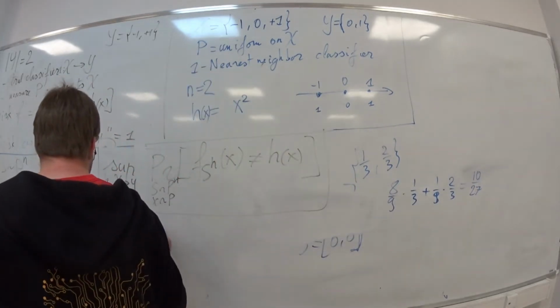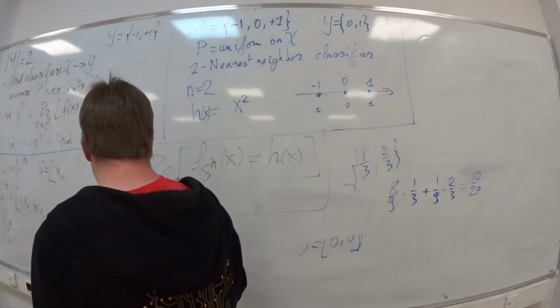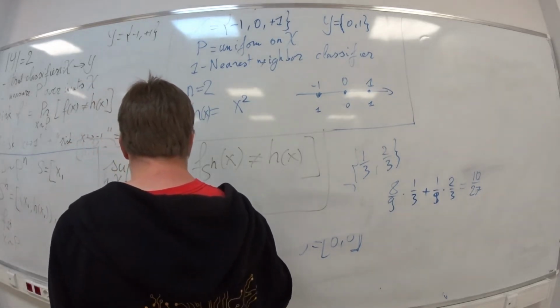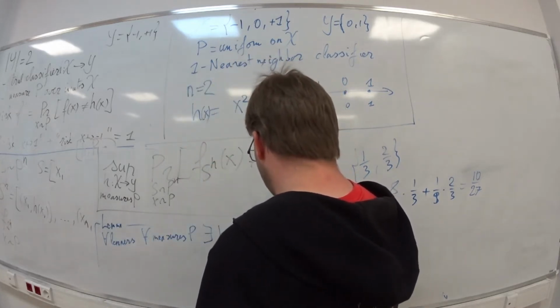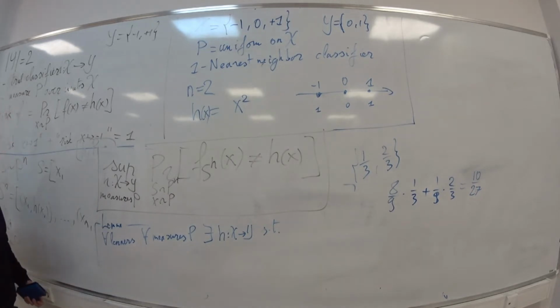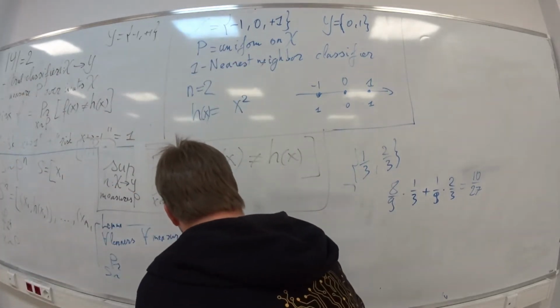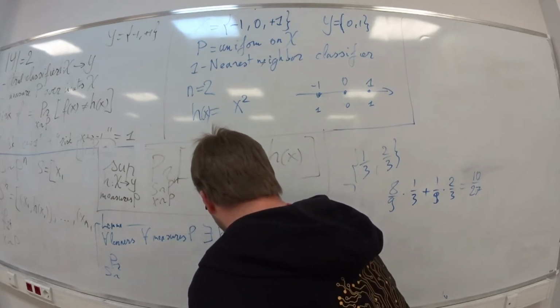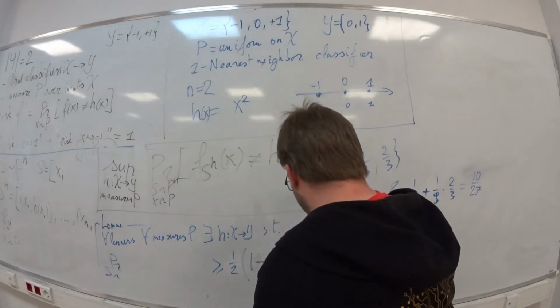So for all learners, for all measures P, there exists a true classifier H such that the probability is at least 1/2 times 1 minus the probability of seeing a test point that's in the training set.